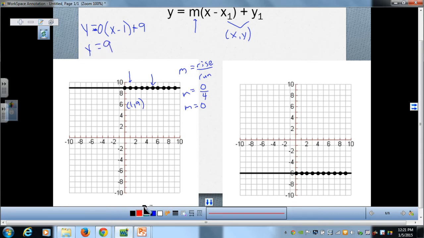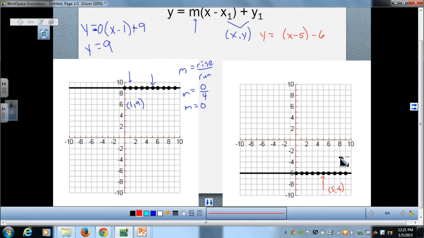All right, looking at our second example here, once again, we can pick any point on this line. All right, so I'm just going to take this guy right here. All right, so 5, negative 6, and I'm going to use that for my x1, y1. So y equals m times x minus 5 and then minus 6. And that leaves us just the slope to find.